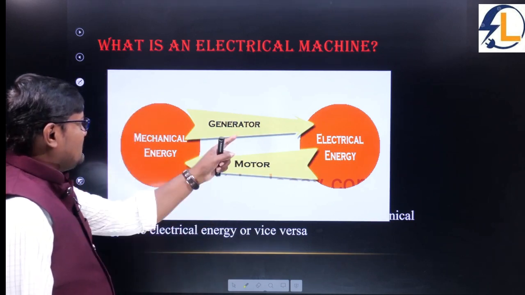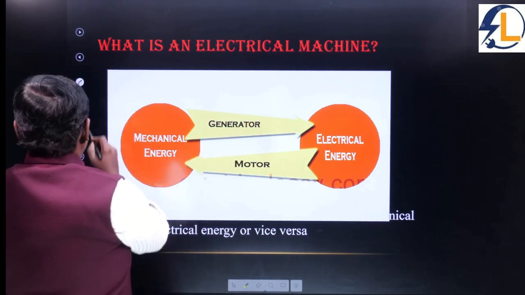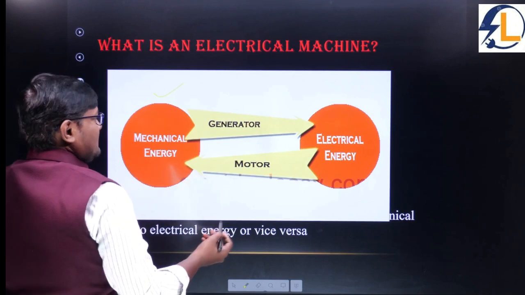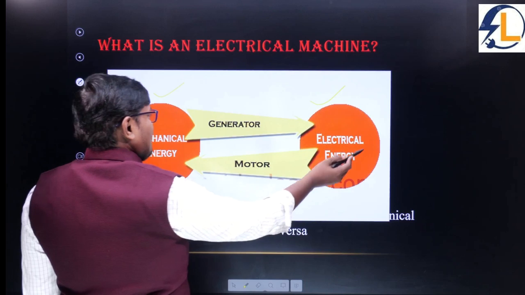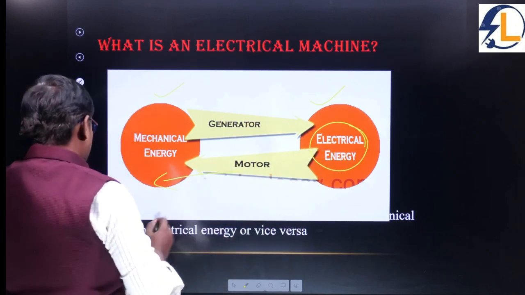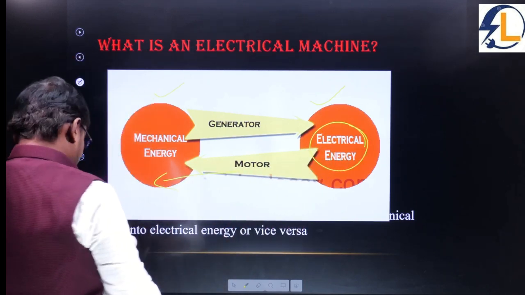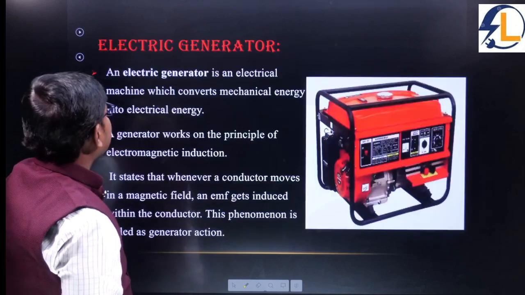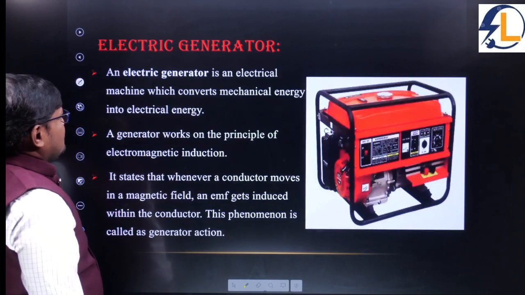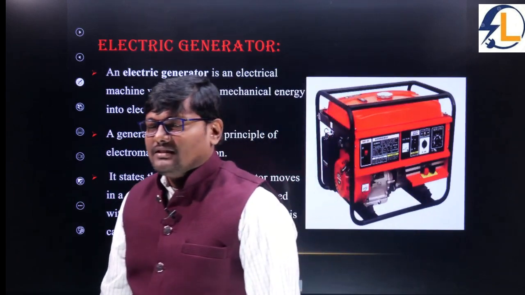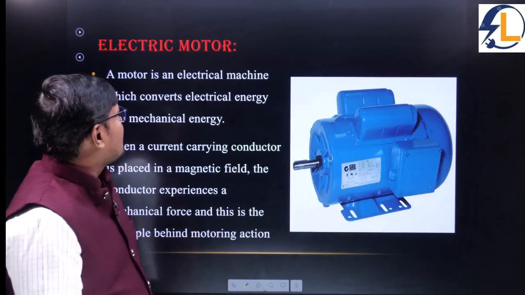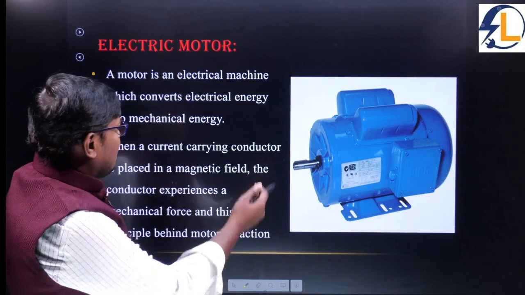A generator converts mechanical input to electrical energy, and a motor converts electrical energy to mechanical energy. So we already discussed which converts one form to another, either electrical to mechanical or mechanical to electrical, and this is about the electrical motor.